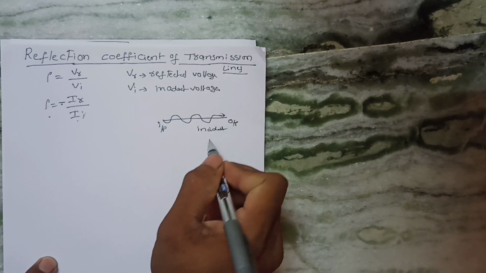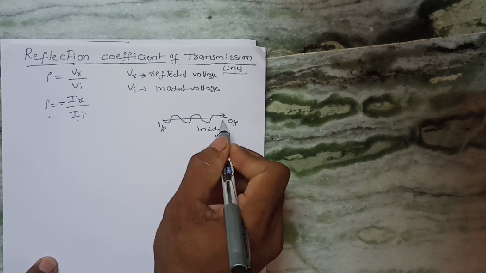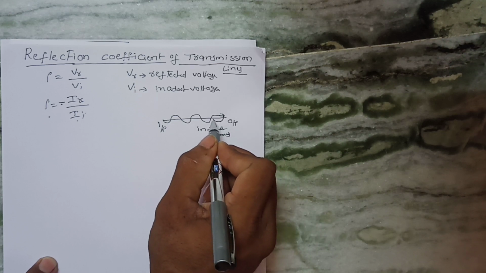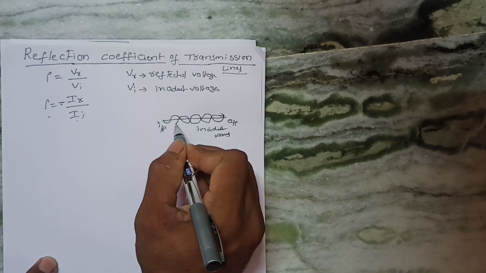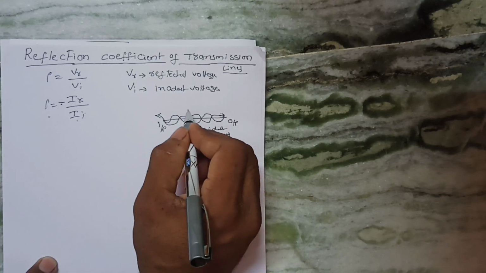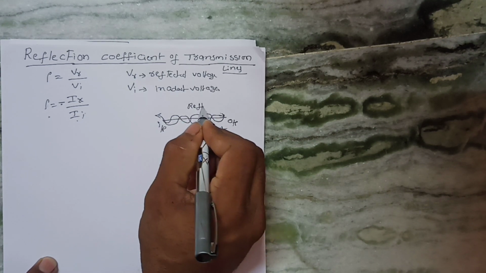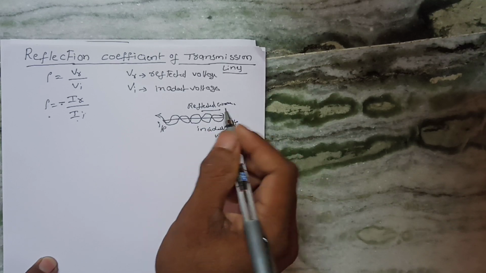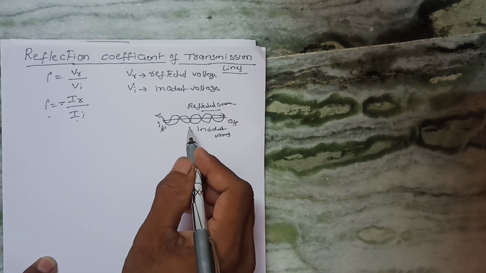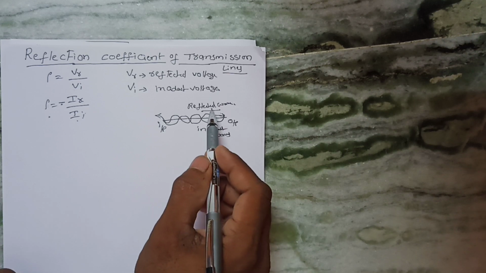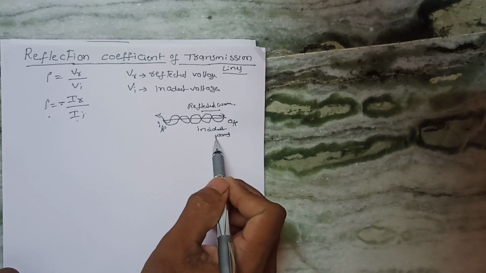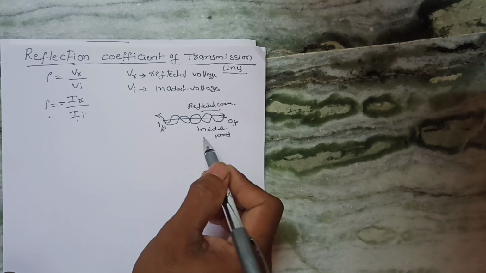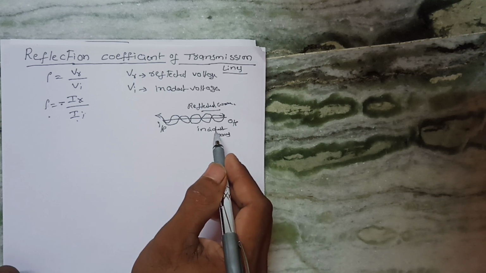When the waves travel from the output to the input, those waves are known as reflected waves. The reflection coefficient is the ratio of the reflected wave to the incident wave.